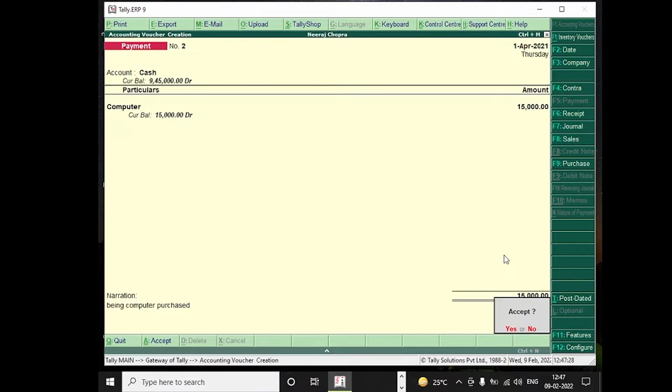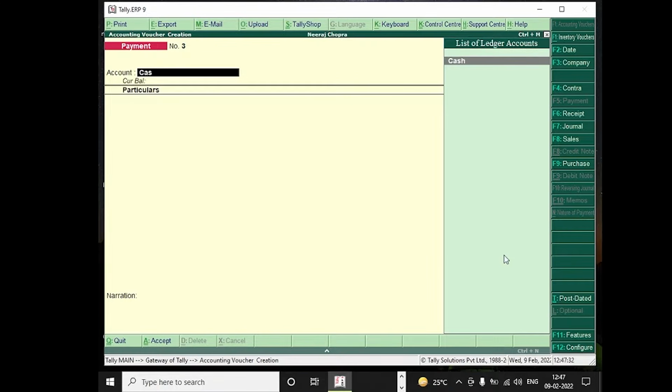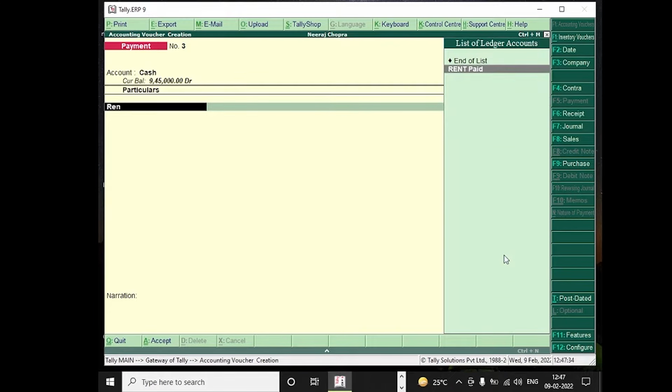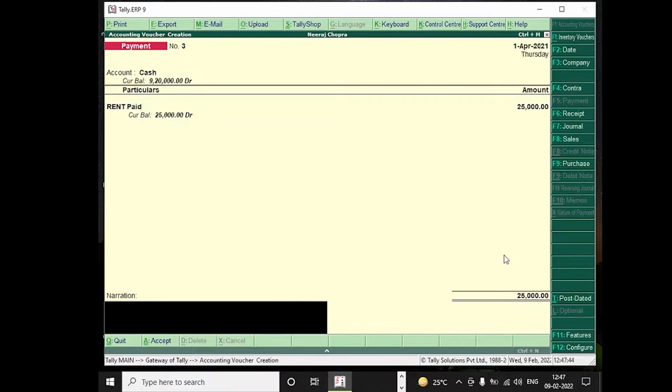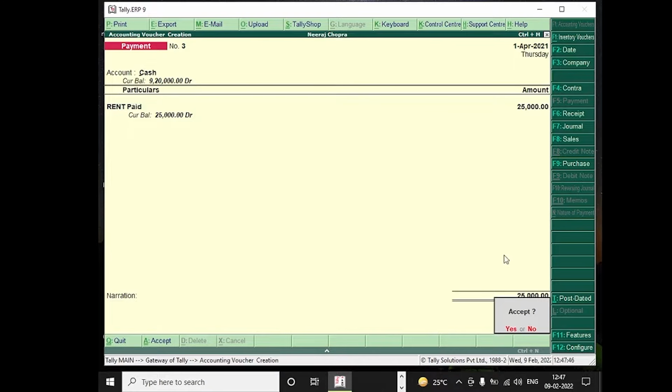Press enter and accept this. Next, rent paid. Cash, rent paid. Amount is 25,000. So press enter and accept this.